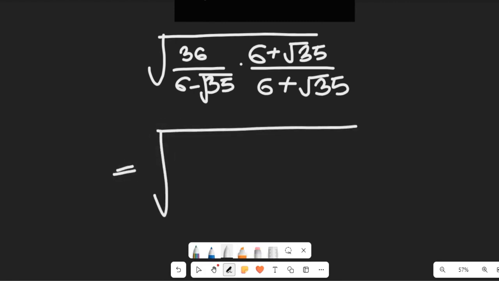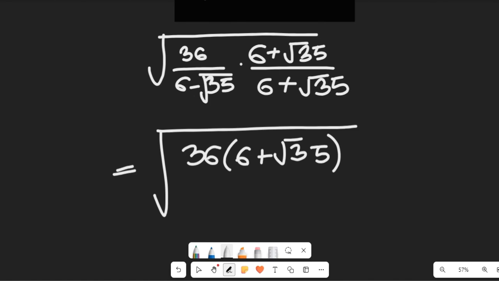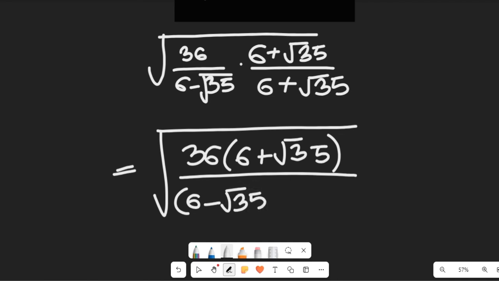This whole expression is going to give me 36 multiplying 6 plus the square root of 35, right? And this will be divided by 6 minus the square root of 35 multiplying 6 plus the square root of 35.